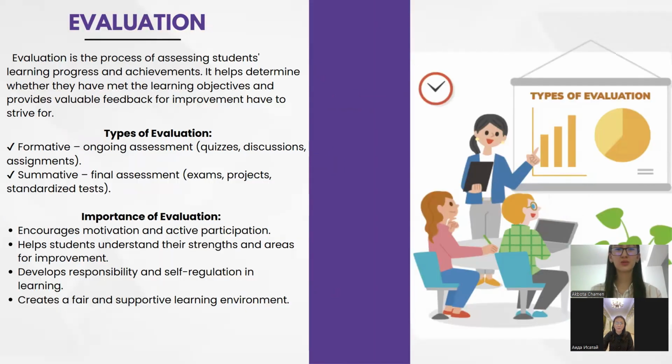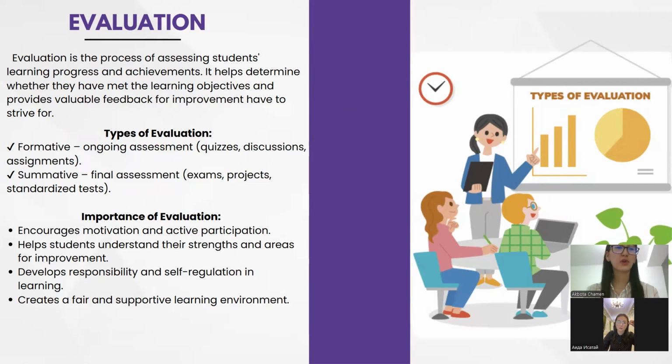So evaluation, what's evaluation? It's the process of assessing students' learning progress and achievements. It helps determine whether they have met the learning objectives and provides valuable feedback for improvement. Types of evaluation.